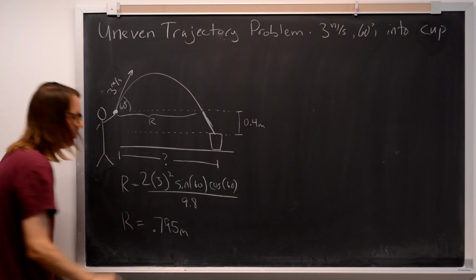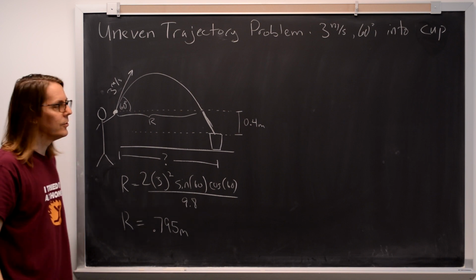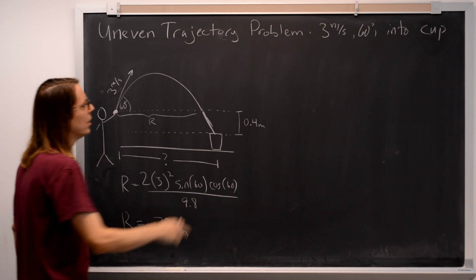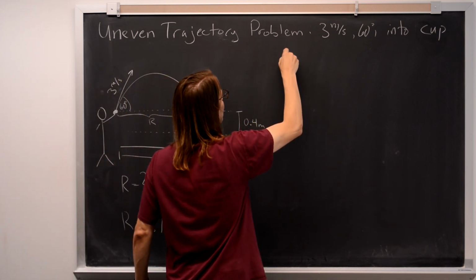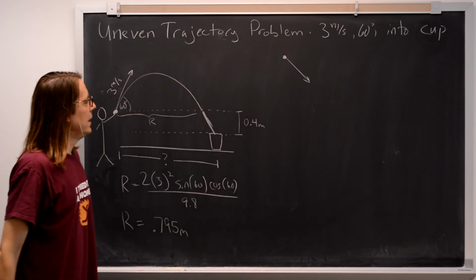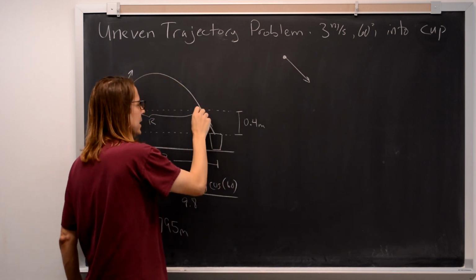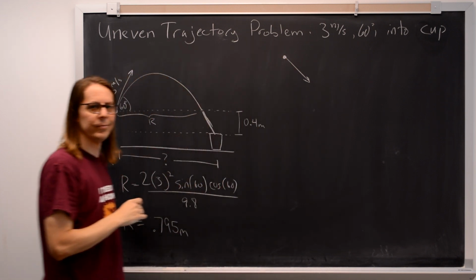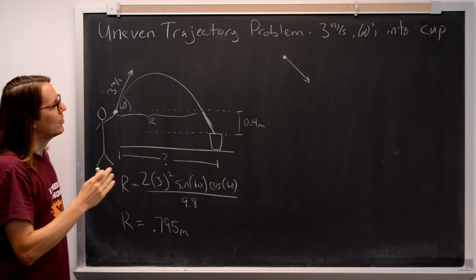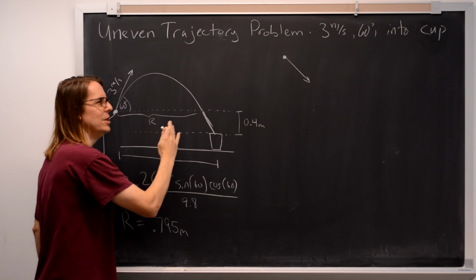But now the tricky part is how much farther does it go? So this is now a kinematics problem where, let's blow it up and think about it a little bit. We have an initial velocity, and we need to figure out how long it is in the air, and therefore how far it gets this way. Okay. So I think in class I talked about how which kinematics equation you use depends on what you need to know.